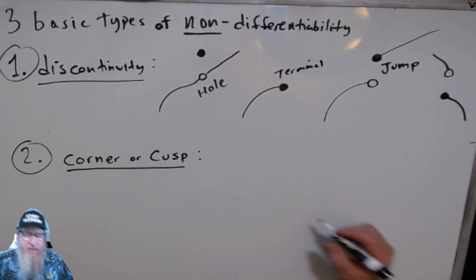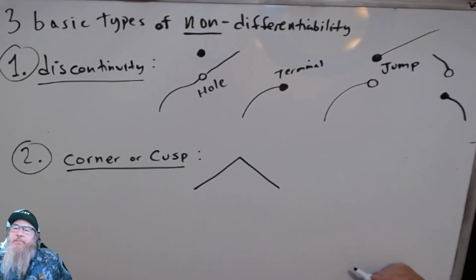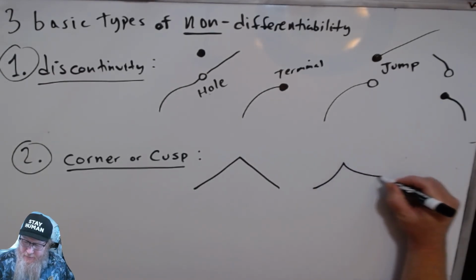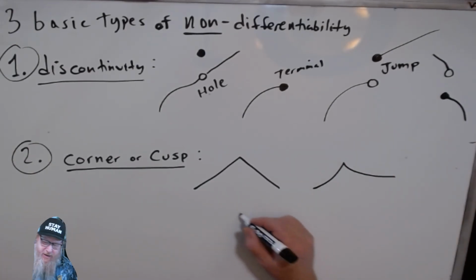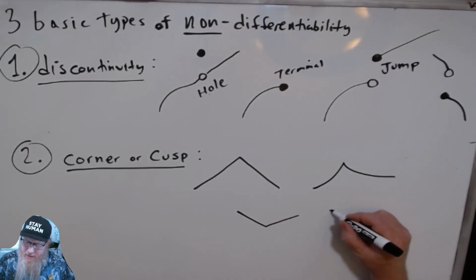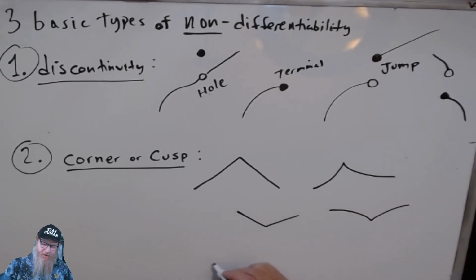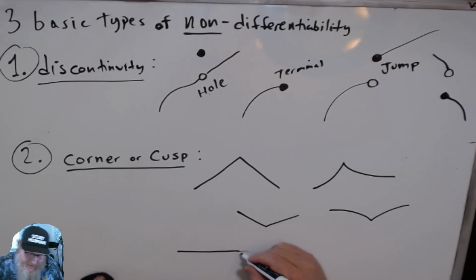So a corner or a cusp is where you have something like this. Something like that. And they could also go the other way. You could have a corner like this. You could have a cusp like this. It doesn't even have to be a very steep corner, like even a slight little bend like this.